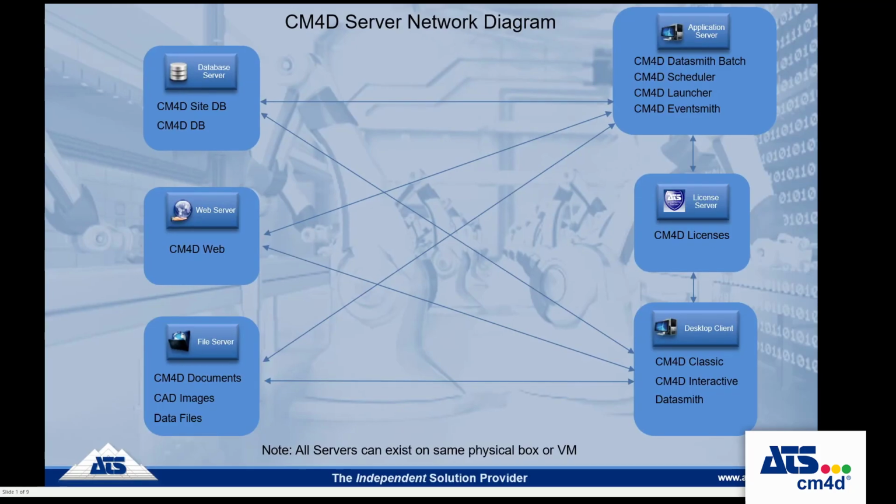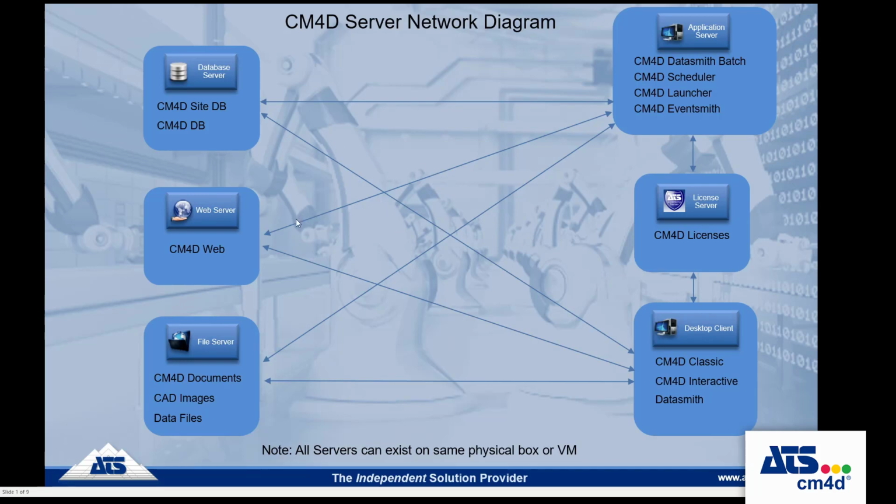So now that we've talked about the different modules that make up the CM40 suite, let's talk about how they relate to each other and where they would reside on different servers within an organization's infrastructure or architecture.